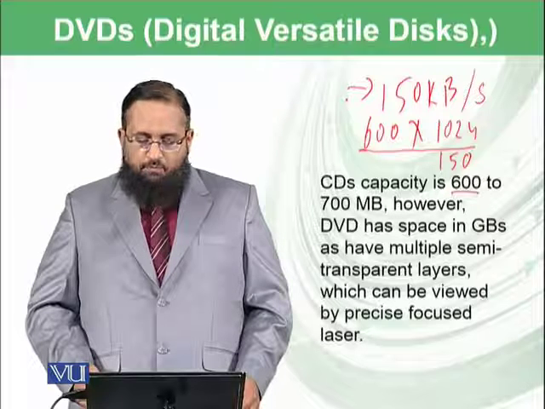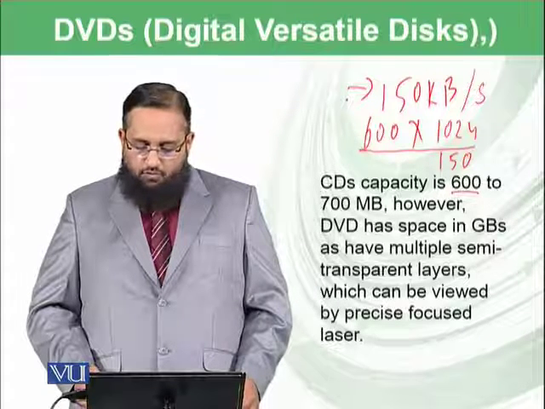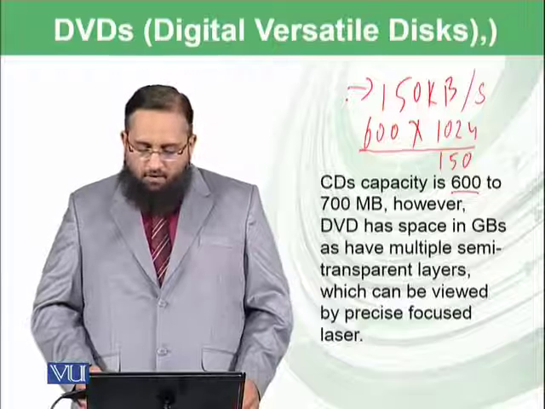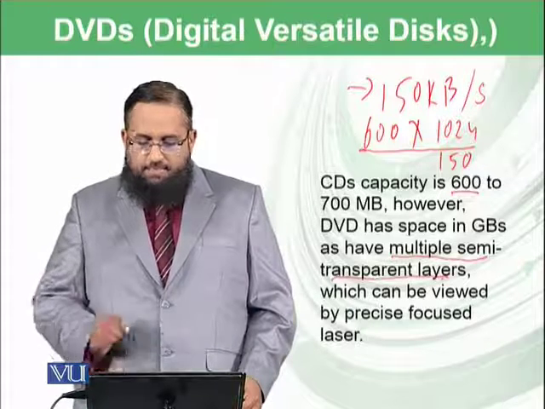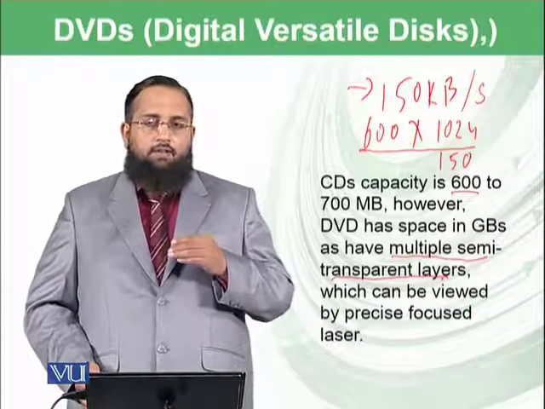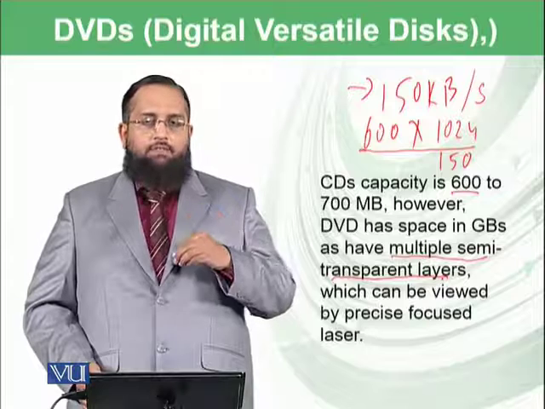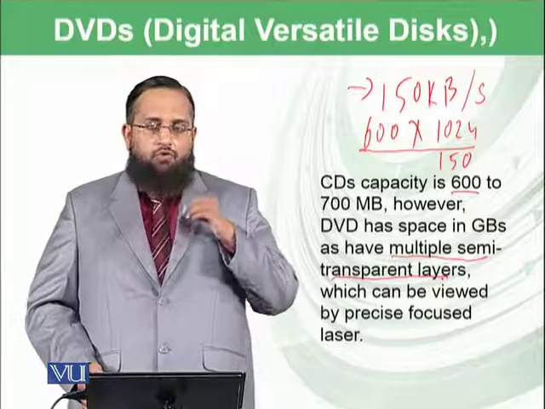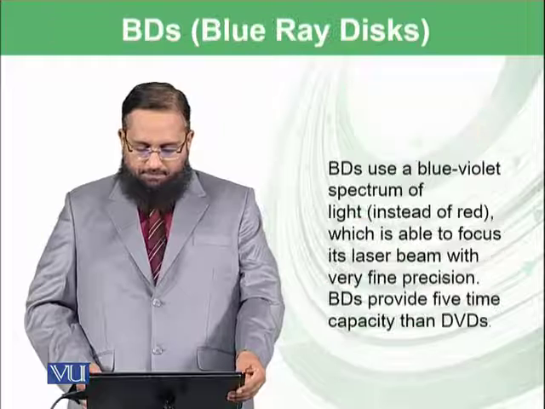However, a DVD can store multiple GBs because it has multiple semi-transparent layers. On a CD there is one layer, but on a DVD there are multiple layers, so the laser can detect information from multiple layers, and on those layers more data can be stored.